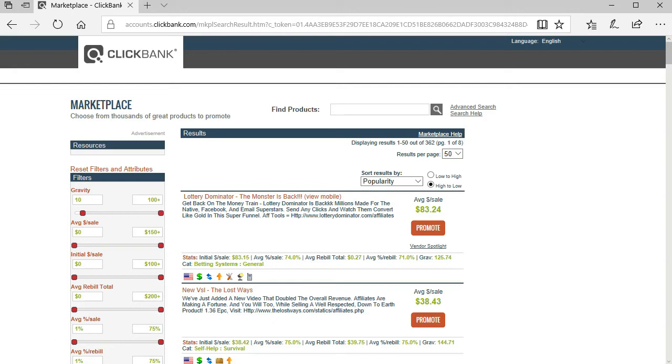Now, how do we know whether or not betting systems or the lottery generally is a hot market? There's no specific rule or formula that we can use, but if we just think about this with common sense, we know that people are always looking for money.